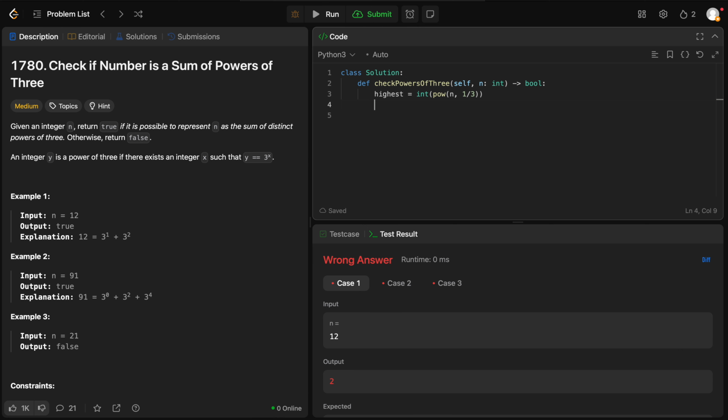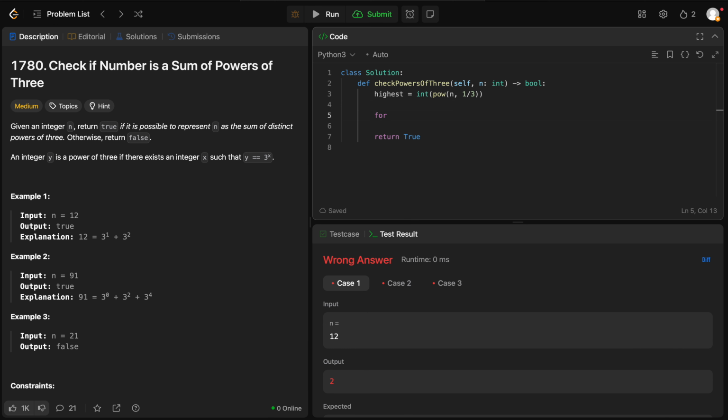That's the top one I can use, and essentially I'll go through all possible, let's say, bit masks, and I'll try to sum it up. If it's correct, I return true. If it's always false, I return false. And what do I got?